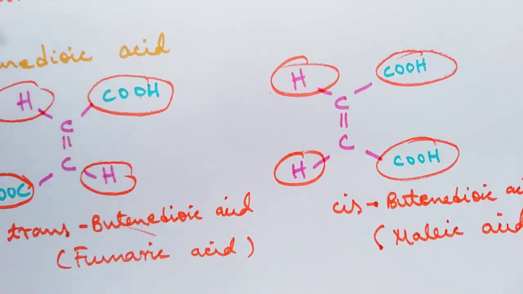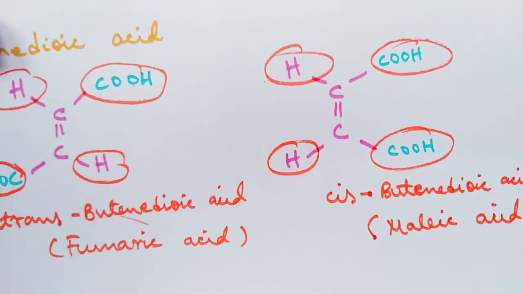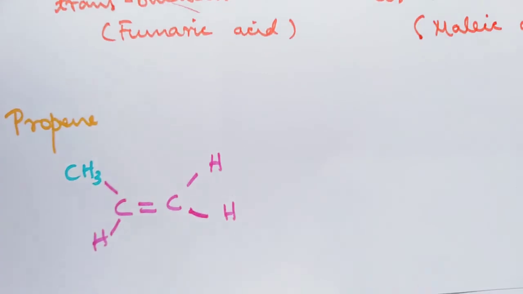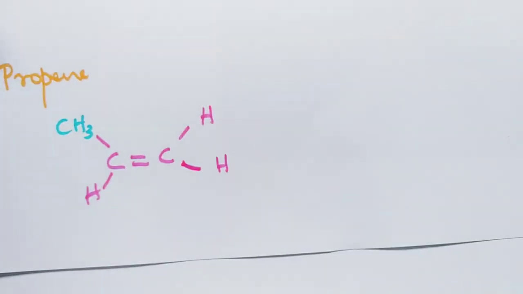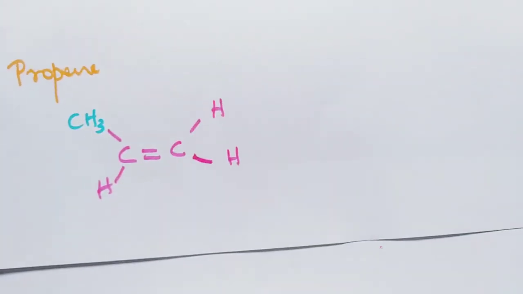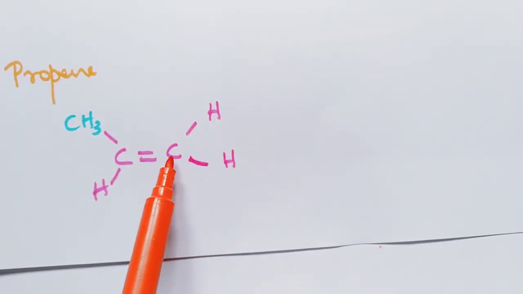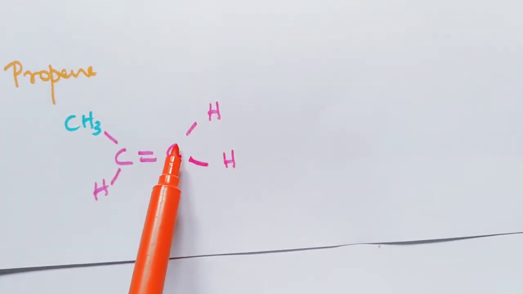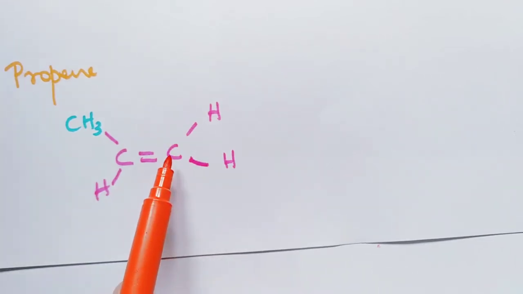Okay, now we come to this one, propene. See, what about propene? Does it have geometrical isomers? Does it show geometrical isomerism? No. Why? Because this is a double bonded carbon atom, right?